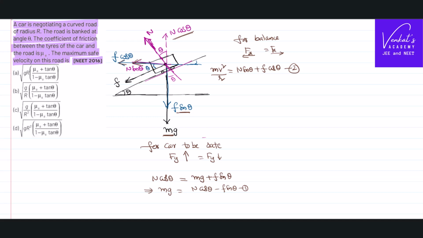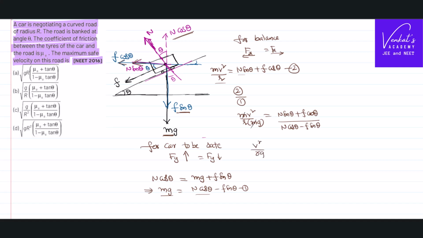What we do now is divide equation number 2 by equation number 1. On the left hand side, mv square by r over mg, equal to, on the right hand side, N sin theta plus F cos theta over N cos theta minus F sin theta. m can be cancelled.